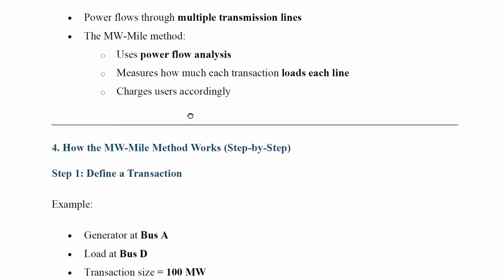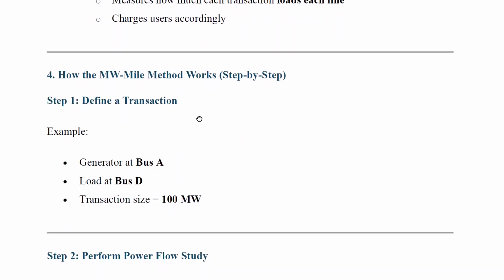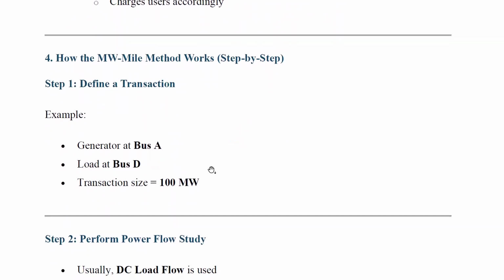So how does the megawatt mile method work, step by step? First, define the transaction. For example, a generator at bus A and a load at bus D. The transaction size is, for example, 100 megawatts.